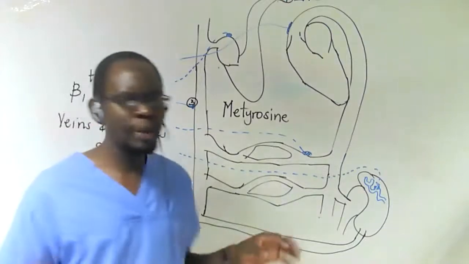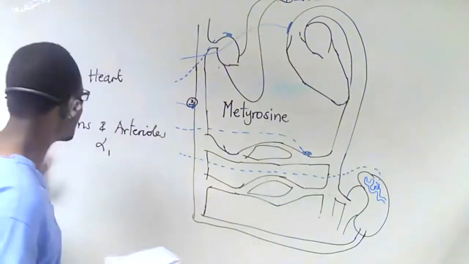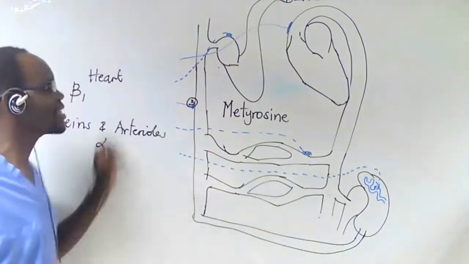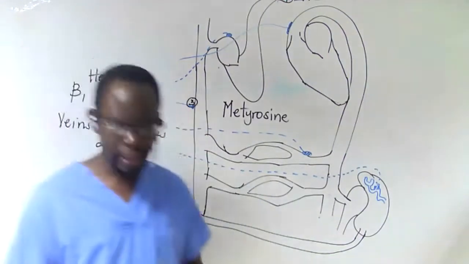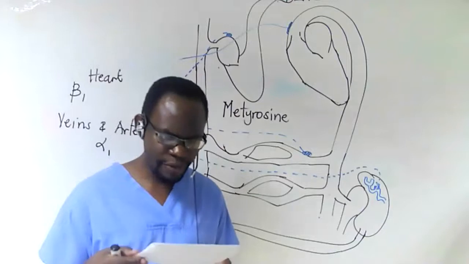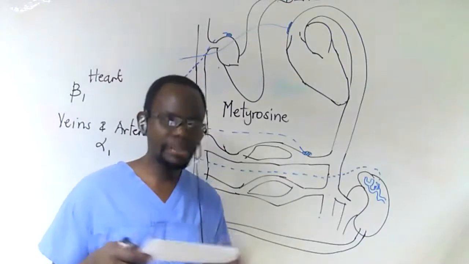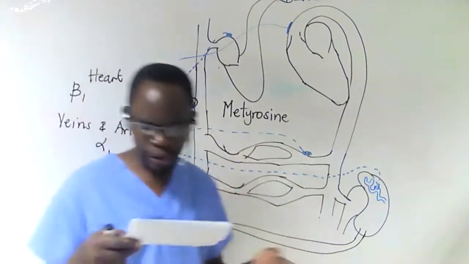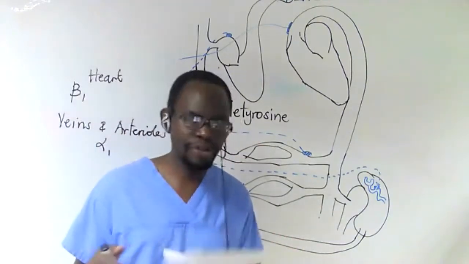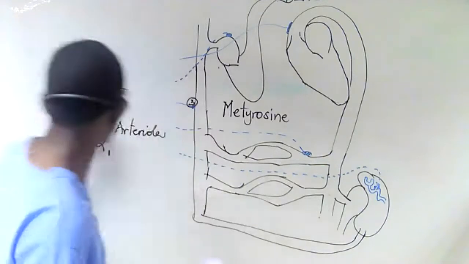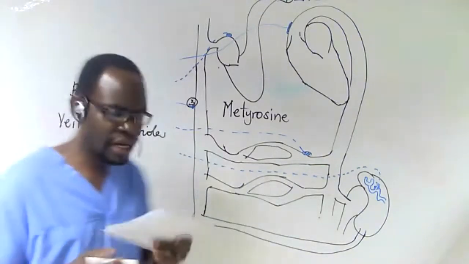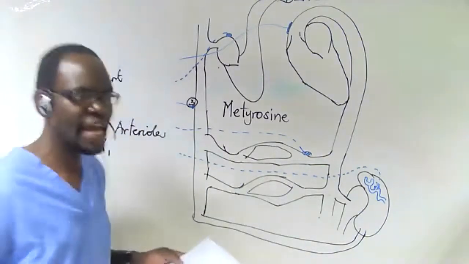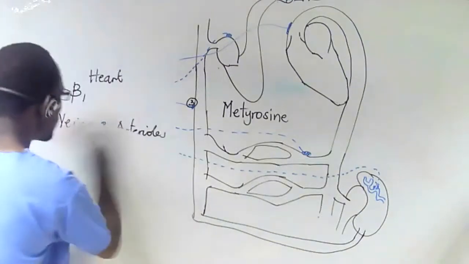So when we block these, it means we shall have a reduction in sympathetic activity, and therefore a reduction in blood pressure. So we want to talk about these adrenergic receptor blockers.